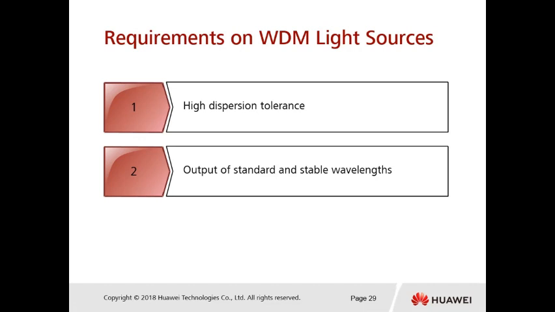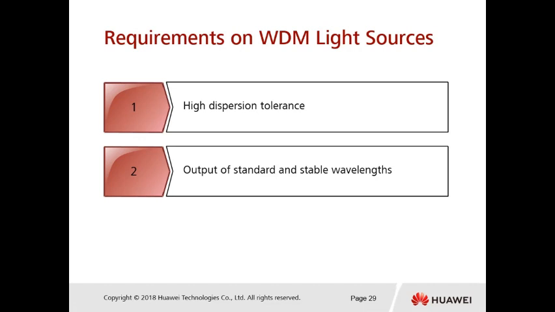Before we introduce the light source, we have some requirements of our WDM light source. We want the technology used in WDM light source has higher dispersion tolerance and output a standard and stable wavelength. For the higher dispersion tolerance, if the dispersion tolerance is higher, we don't need too much DCM in our network.